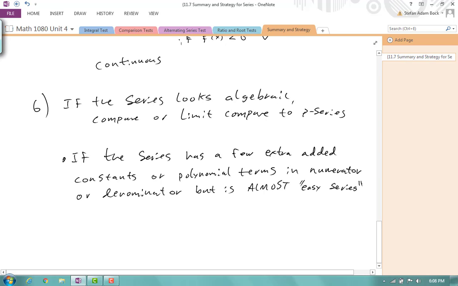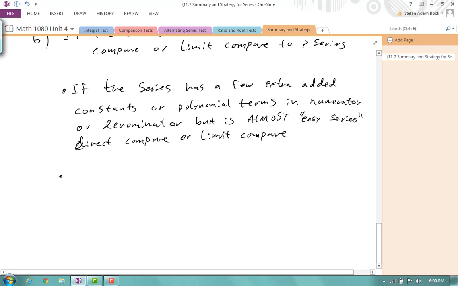Then we're going to try to do a limit compare or a direct comparison. But also, if none of the other tests work, you're going to try comparing or limit comparing.